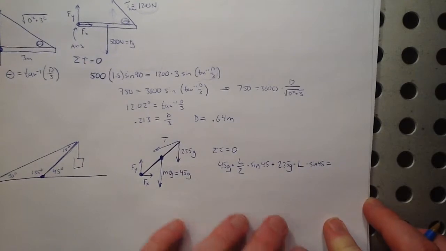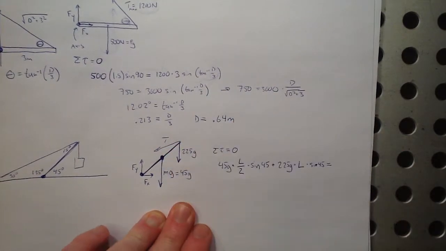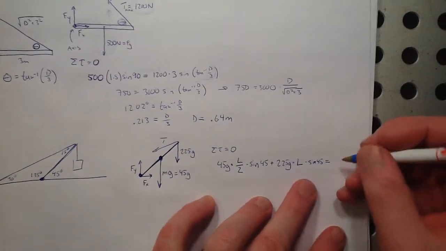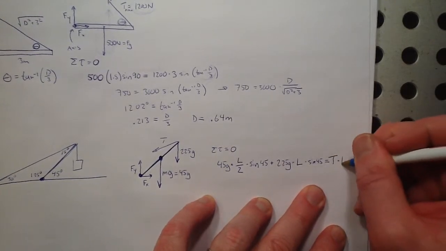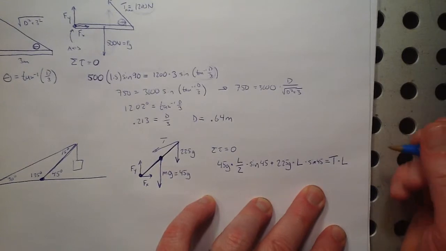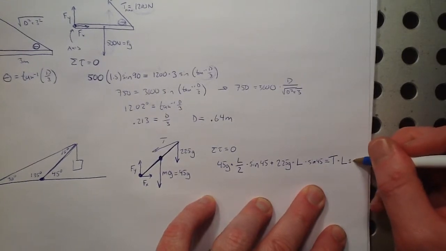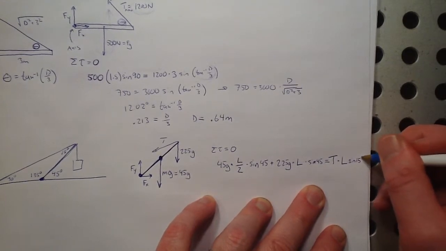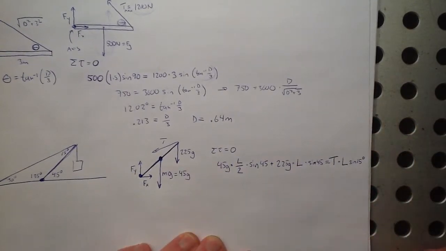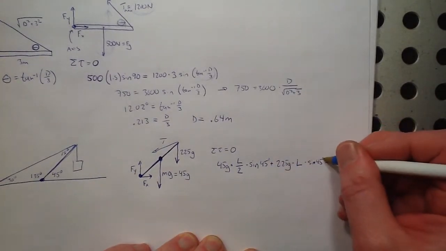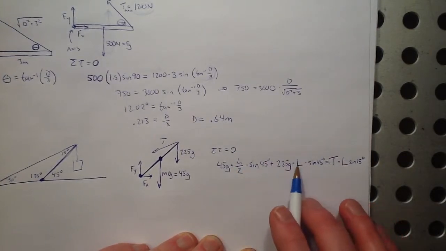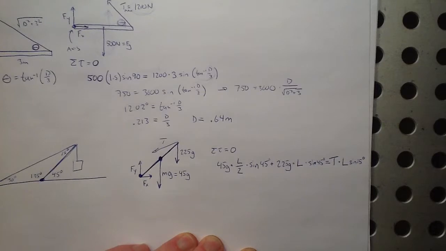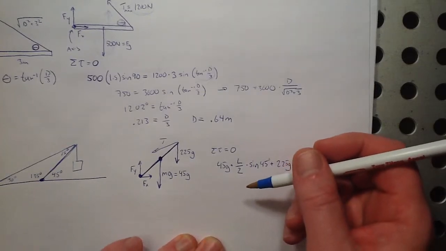Equal to the torque from the cable here, which is T, that's the force, times L at the full length of the cable, times the sine of 15 degrees. And you can see the L's cancel out here. I don't need to know the length of the cable. So let's see if we can solve that for T. Maybe that's what they want to know, right?